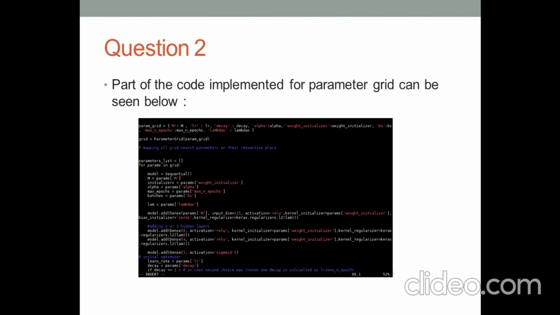Okay, you said you are still doing early stopping. Yeah, for now everything is the same as question 1. Basically the same model, but with non-fixed inputs, so I'm just using the parameters in the grid.